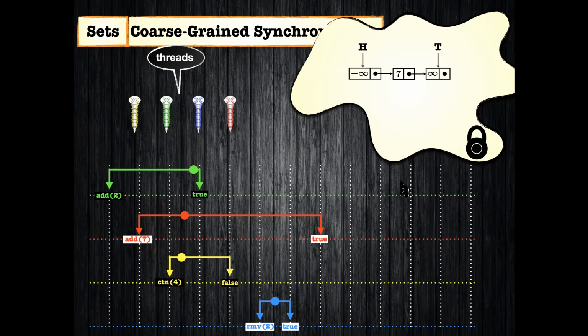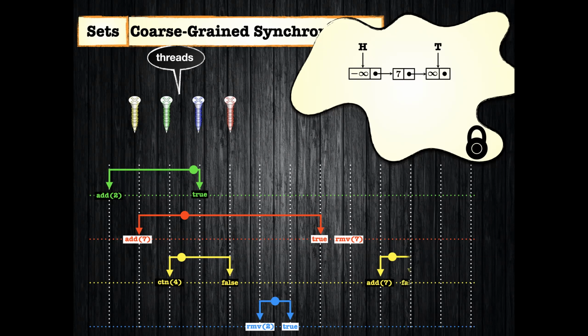The lock is still free. And then maybe there is another thread which tries to remove a 7, and then a yellow thread which tries to add a 7. Now the yellow one will acquire the lock first, and it looks inside the list, tries to add a 7, but it fails because 7 is already inside the list.